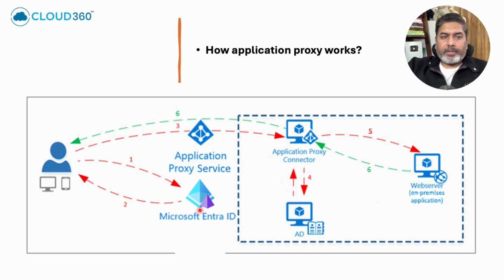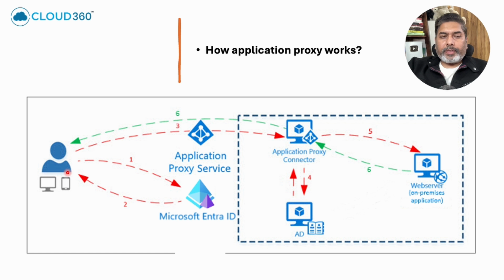So a user account must be there through which the user will get identified and authenticated initially. Once that user successfully logs in, Microsoft Entra ID sends a token to the user's device. Then the user will be redirected to the application proxy service.